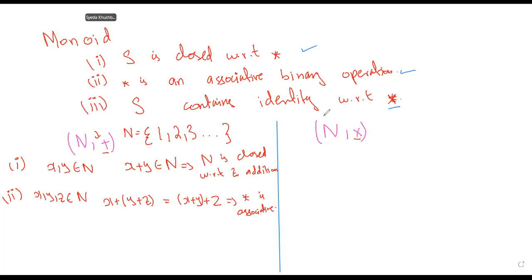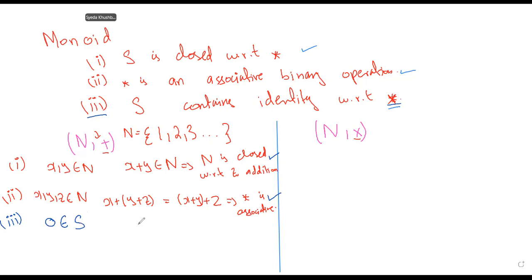The new part is the third property. So far, the set S is a groupoid because it is closed, and since it also has the associative property, it is a semi-group. For a semi-group to be a monoid, we need the third property, that S contains identity with respect to the binary operation, which is addition. I told you that whenever our binary operation is addition, in order to have identity, we need 0 belonging to our set.